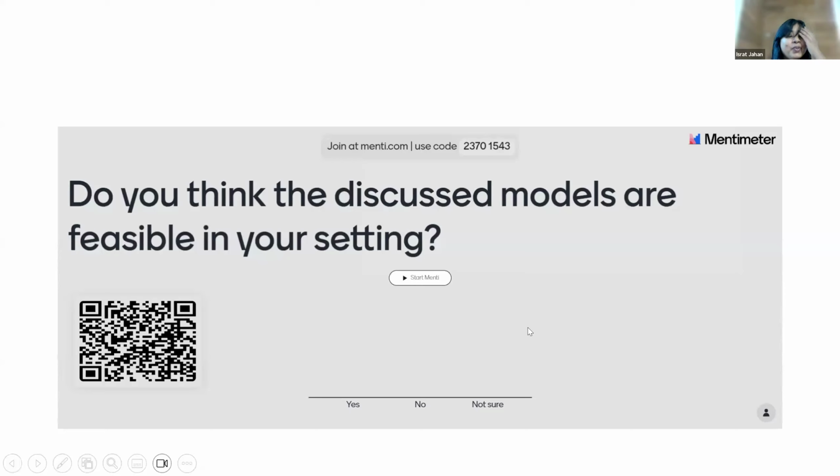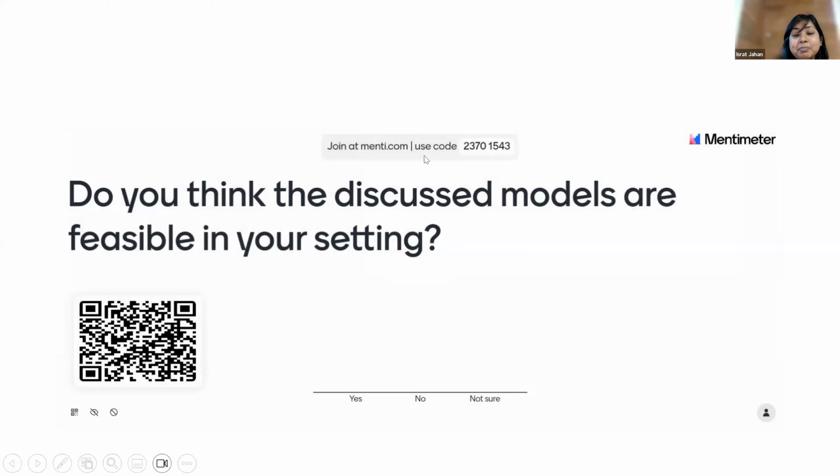We would like to know your feedback on these models. Could you, if it's okay with you, please log into menti.com, use this code, or scan this QR code, just to let us know what you feel about the feasibility of these two models that Kath, Raj, and team and Mahmoodul have explained or discussed.